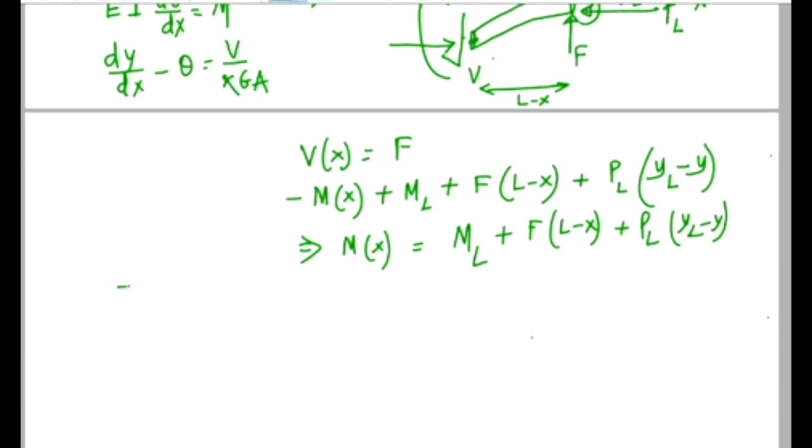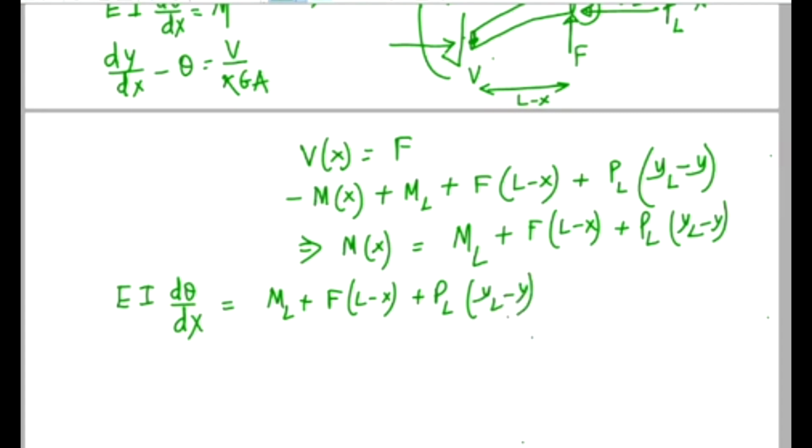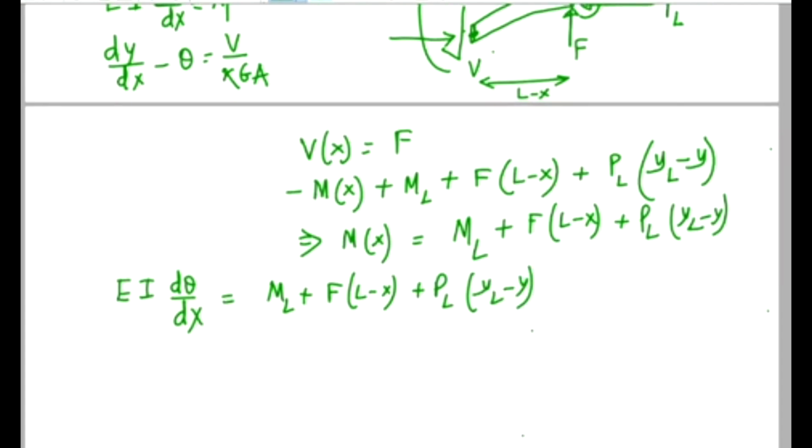So if we plug these in our equation, we get EI d theta by dx, that's equal to M, which is ML plus F into L minus x plus PL into YL minus Y, right? And the second one is dy by dx minus theta is equal to V, which is F itself, divided by kGA, right?